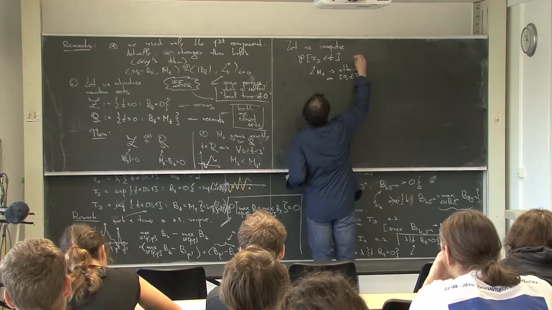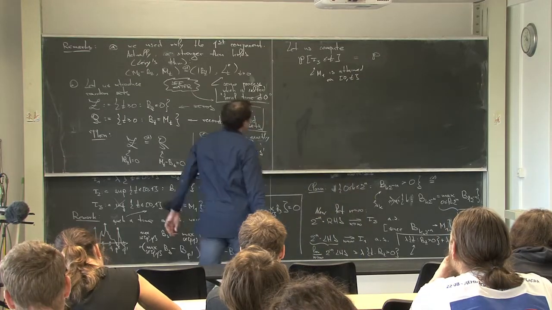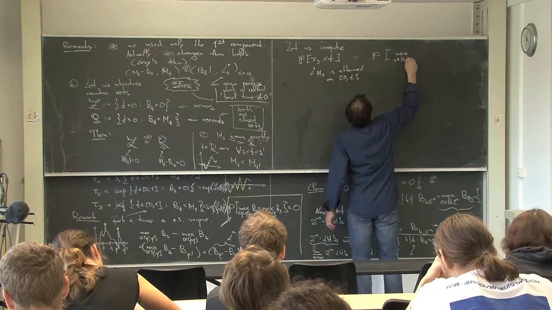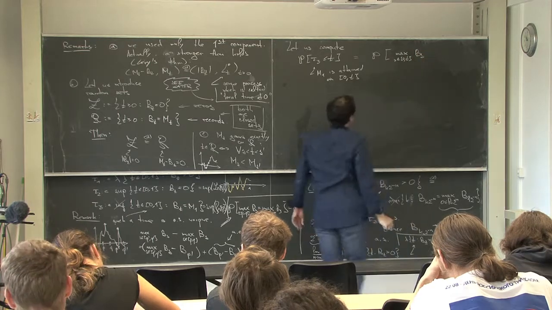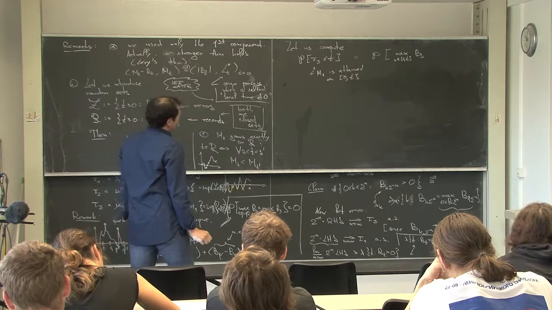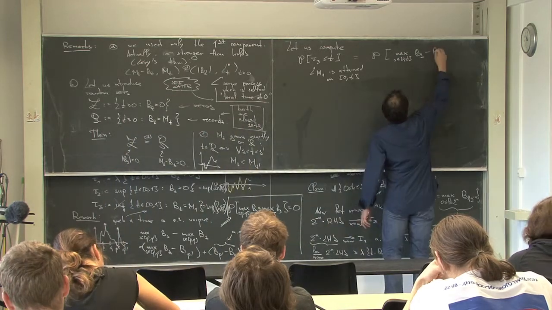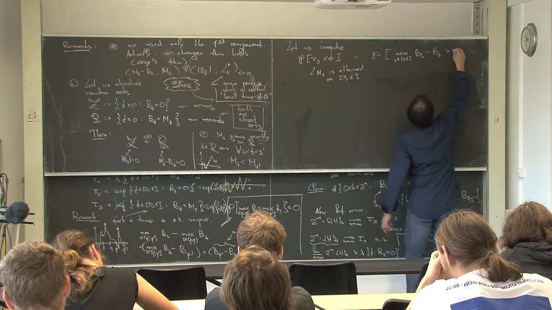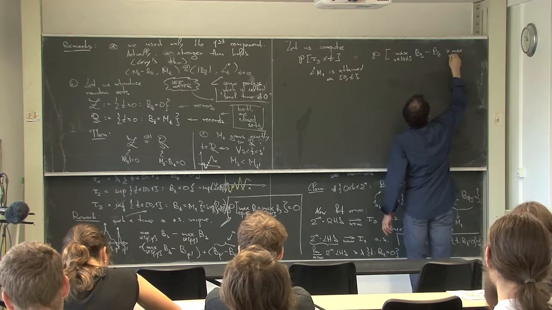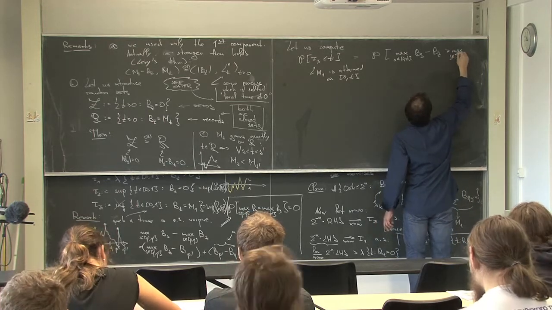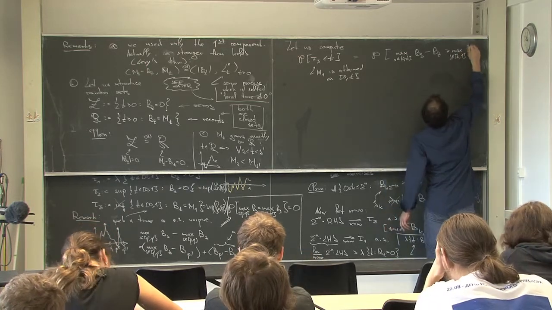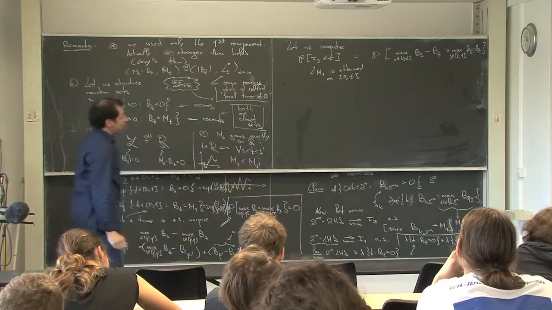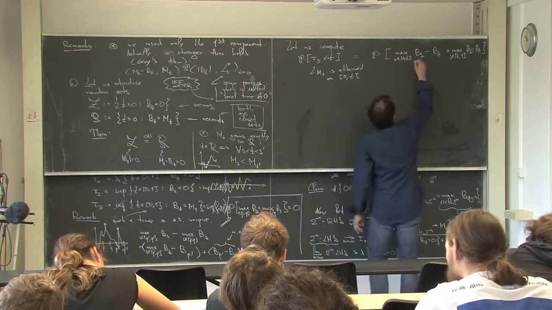And so this is the probability that the maximum over [0,t] of Bs, say, let me put here Bt, is greater than the maximum over [t,1] of Bs minus Bt, right?